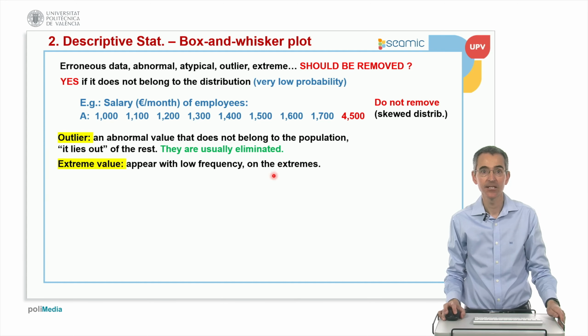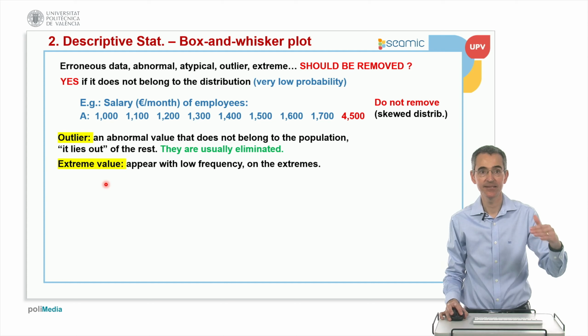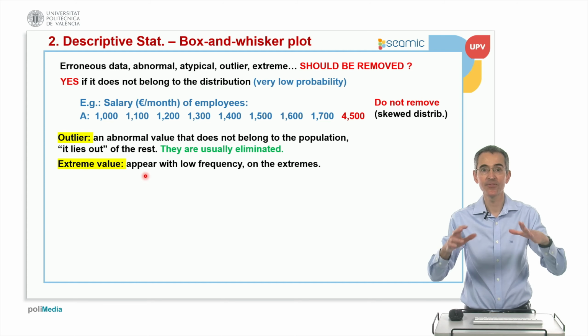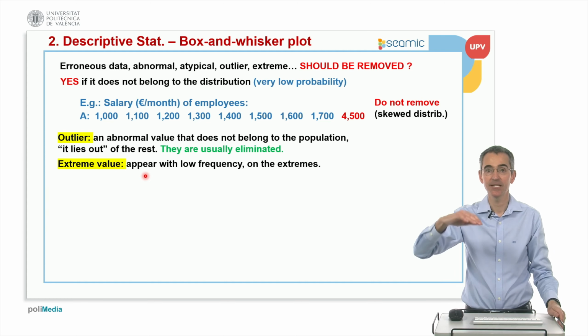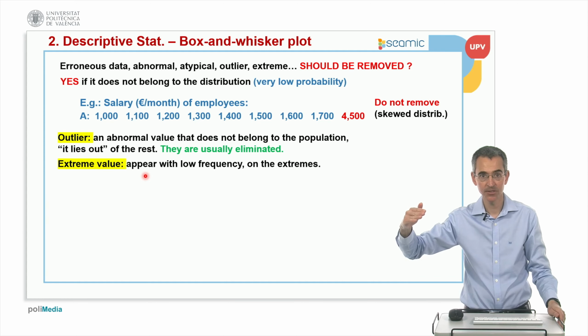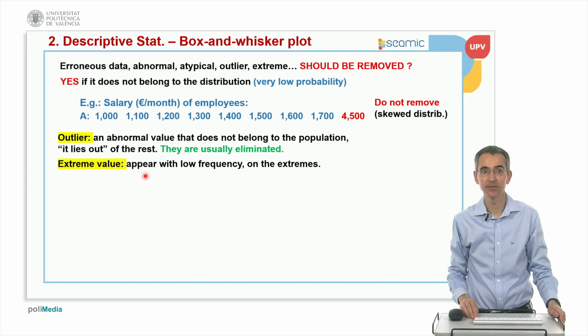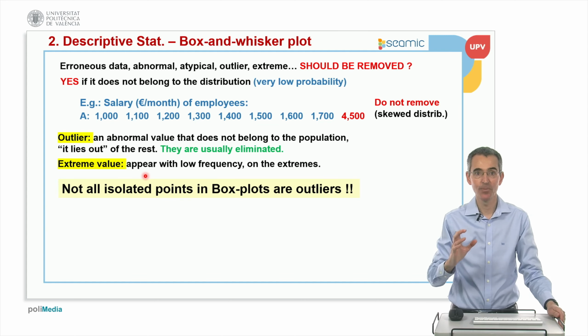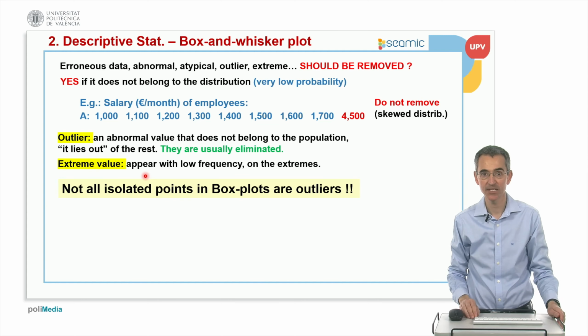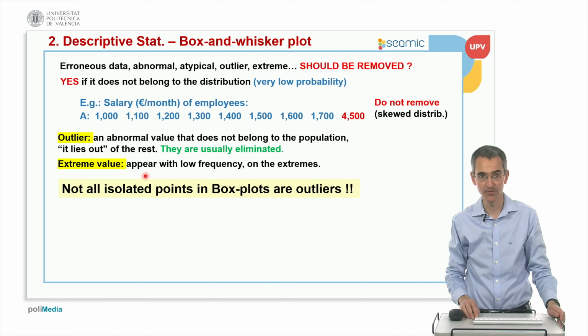But I will define as extreme values those that appear with low frequency at the extremes of the distributions. For example, in the case of positively skewed distributions, those isolated points on the box and whisker plot will be called extreme values. So not all isolated points appearing in box whisker plots are outliers to be removed.